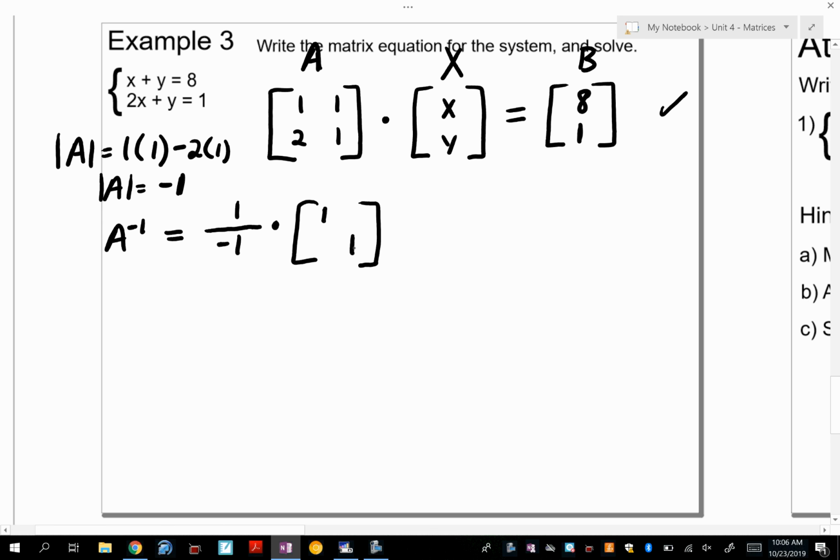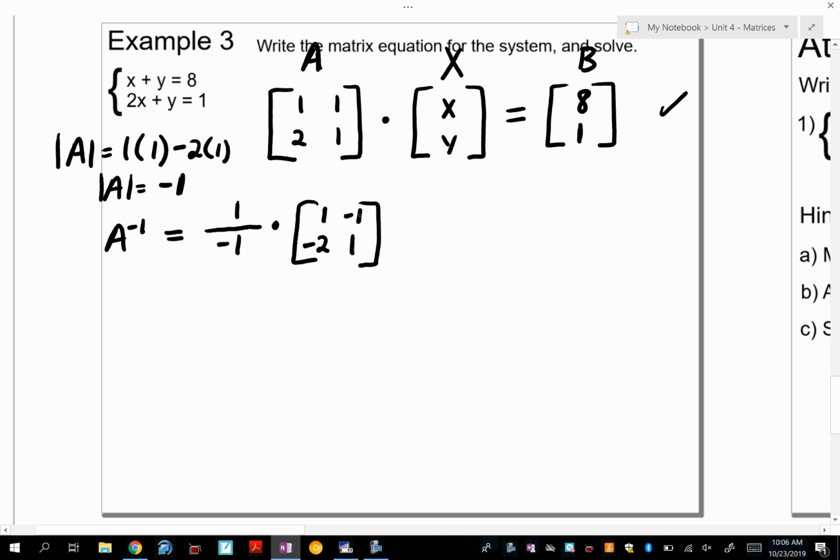I'll know if you didn't switch them. Now the other diagonal, those are the opposite sign. So it's negative 2 and negative 1. Everybody still with me?